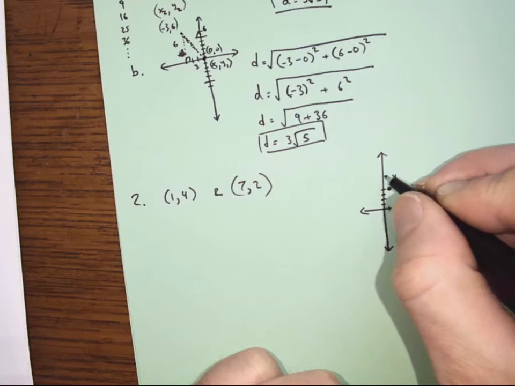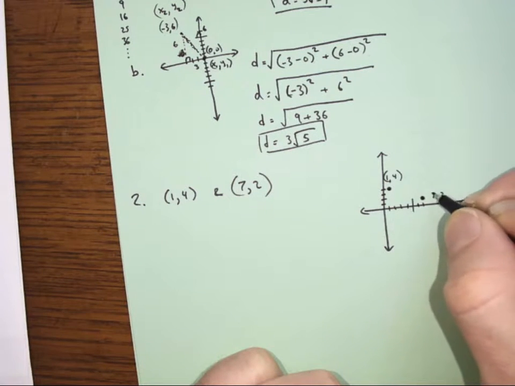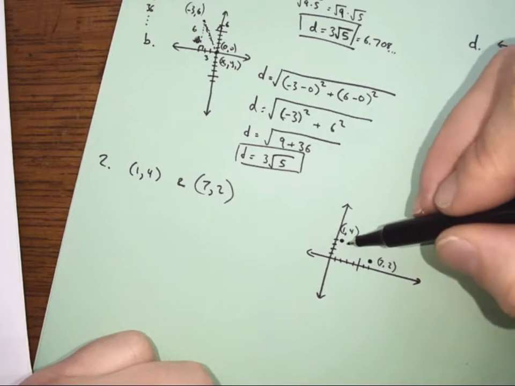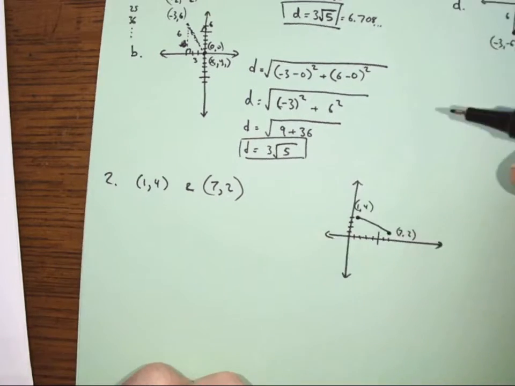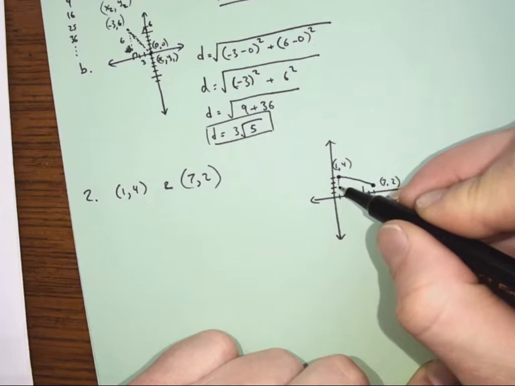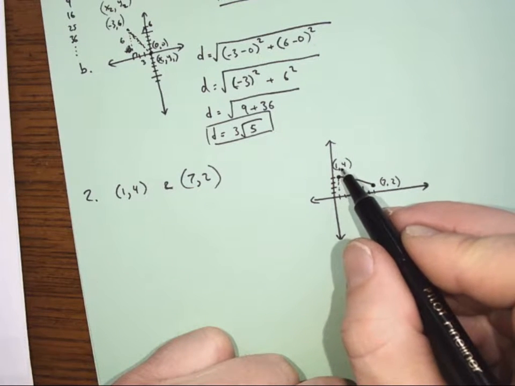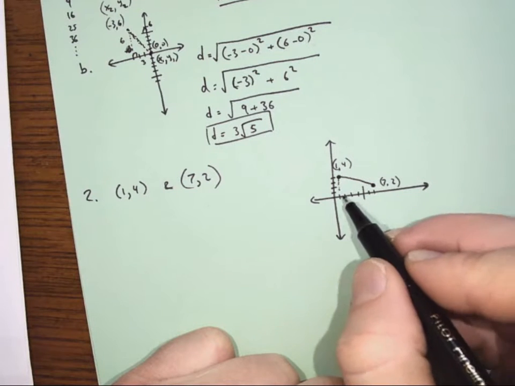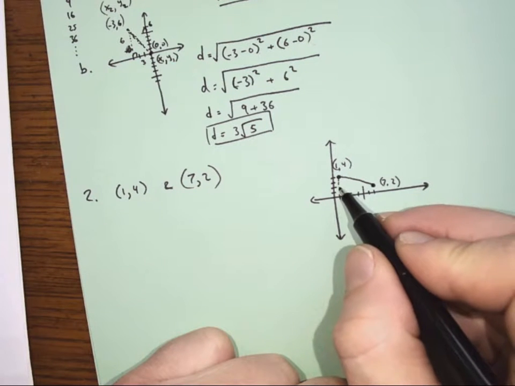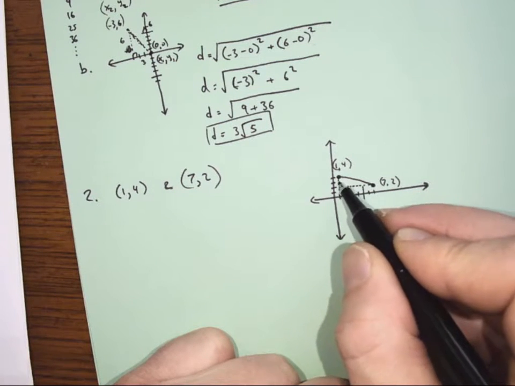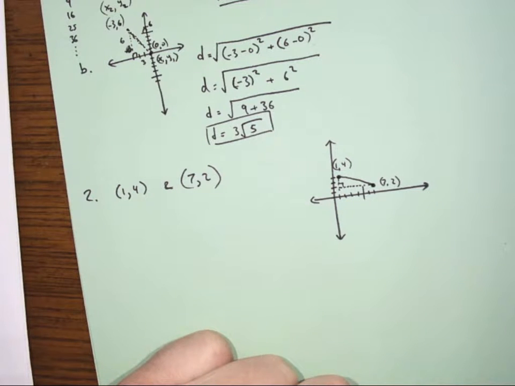That's my point (1, 4), and my point (7, 2). So they look like they're pretty close. They look like they're in the same quadrant. I can make a little right triangle here as well if I like to picture what I'm doing. But I think I'm going to leave it there.